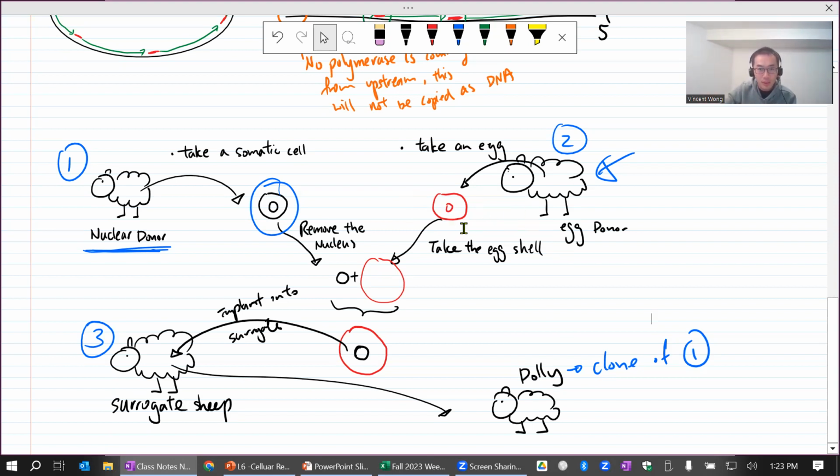Remember, they took the nucleus away. All the genetic material came from an adult cell of the donor. Whatever the length was at the point of cloning, that's the length Dolly is going to get. All right, now let's move on to the next part here.